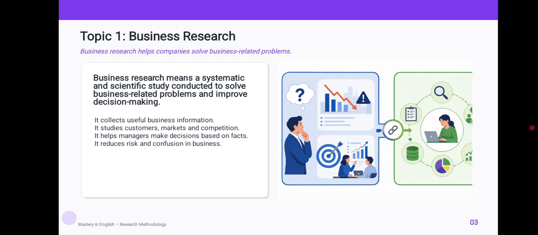It helps the businesses to collect useful information about customers, about marketers, about competitors, about markets, about products, about prices, about advertisement. For example, if a company wants to know why customers are not buying its product, it conducts business research. So basically, business research helps the manager to make decisions based on facts, not based on assumptions. It also reduces the risk and confusion in the business.